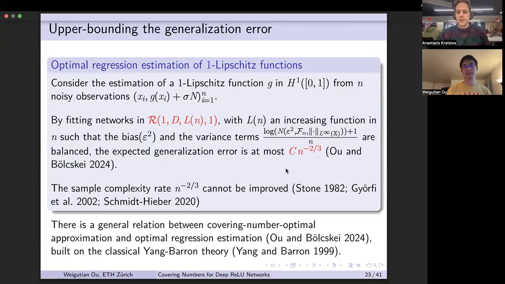Sorry, can I ask one more question? Just to check, to understand the rate, here you're measuring the error in the squared L2 norm, right? So would the rate technically be a factor of one half, like n to the one third, if you take the L2 norm instead of the squared L2? No, I think it's the square.